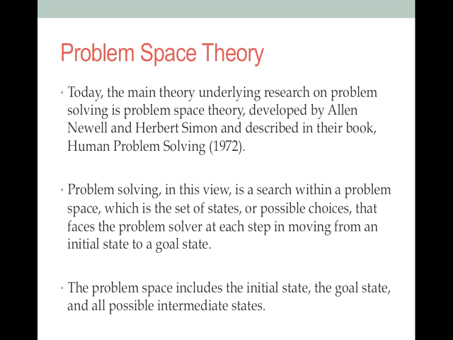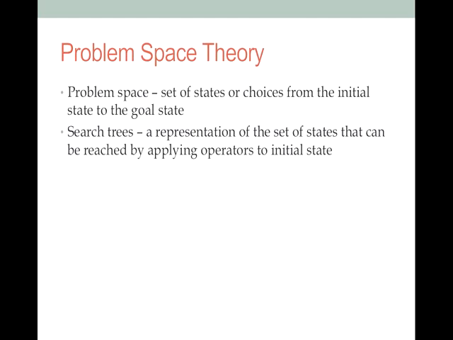You have a start state and an end state, and you're watching people move through that space as they work through the problem. So I have an initial state, all the possible intermediate states, and then a goal state. The problem space is a set of choices from the initial state to the goal state, and a search tree is a representation of all those states laid out by applying operators.